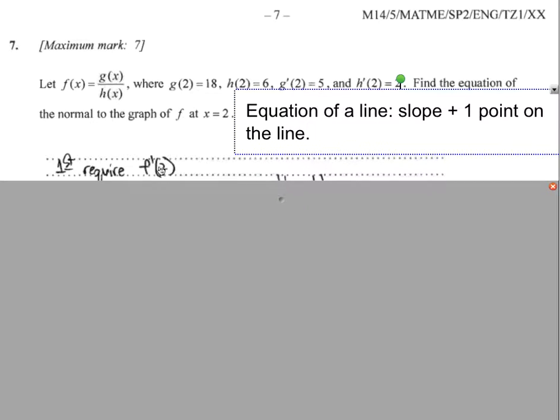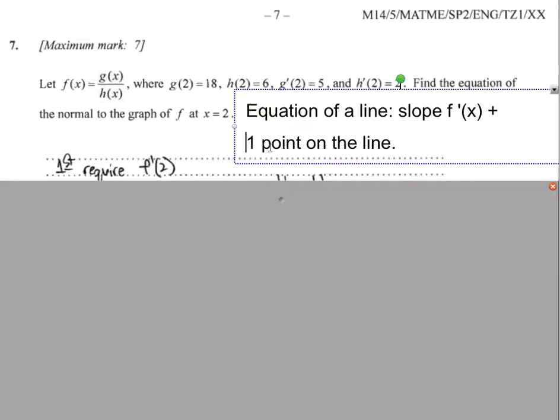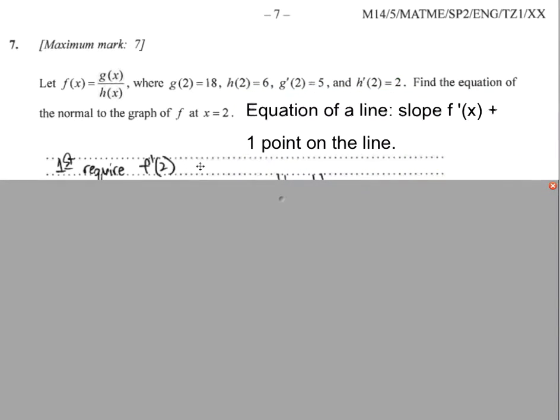First, we're going to require the slope at x equals 2. In other words, the slope is f prime at x, but in our case, x is equal to 2. So first, let's find the derivative, and then we'll find 1 point on the line.